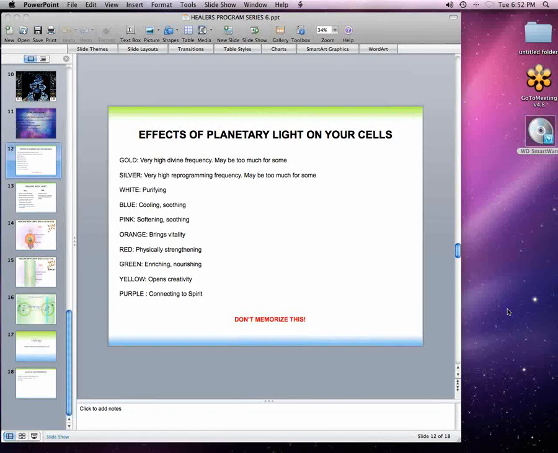Let go of the tension in your neck, your shoulder, and the mind chatter. Don't worry about the information right now. Just allow yourself to be in a very still, quiet, sacred space. Breathe in through the nose.